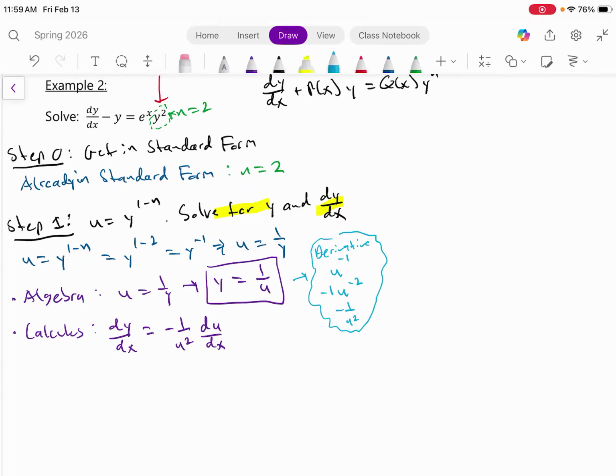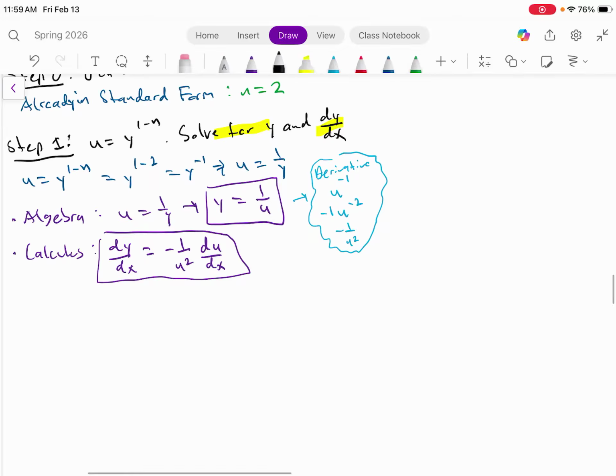Okay, but that's something we should be able to do in our head at this level. But let's go ahead and keep moving forward. So we have our y and our derivative of y in step one. So let's go ahead and move on to step two, where we start substituting into the differential equation.